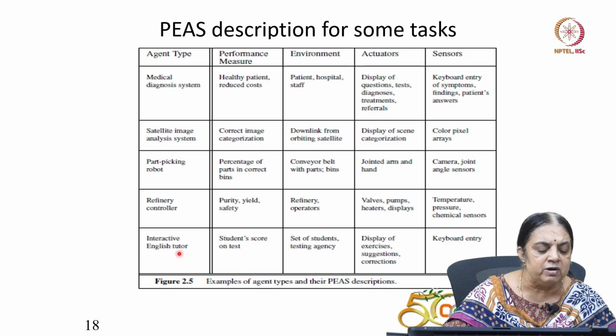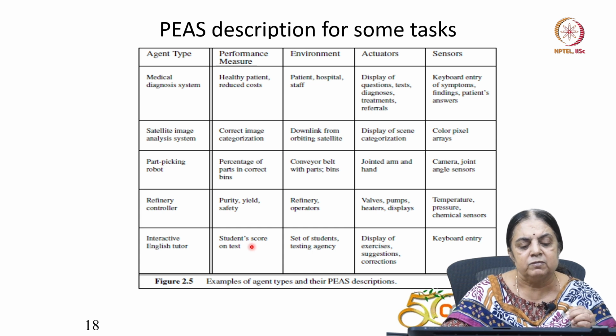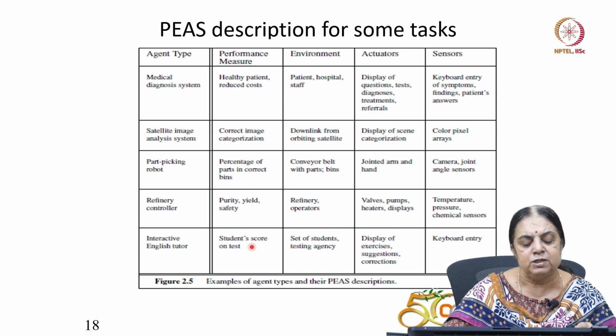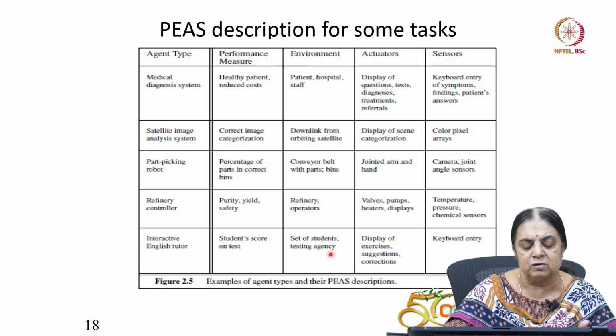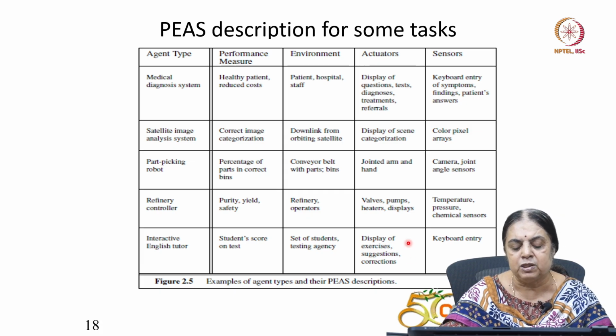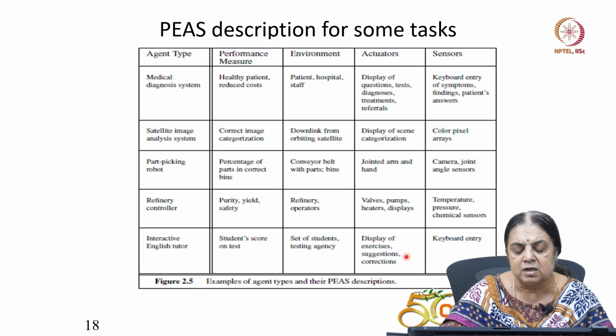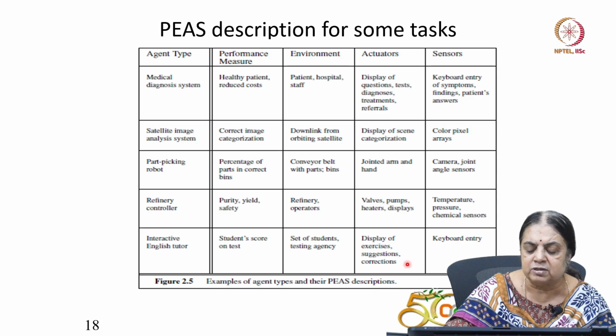If we look at an interactive English tutor, the student's score on the tests is the performance metric. You want the student to get the highest score possible. And the environment will be the test questions, the students, all those type of things. And what should be the output? Display of exercises, suggestions, corrections, etc.